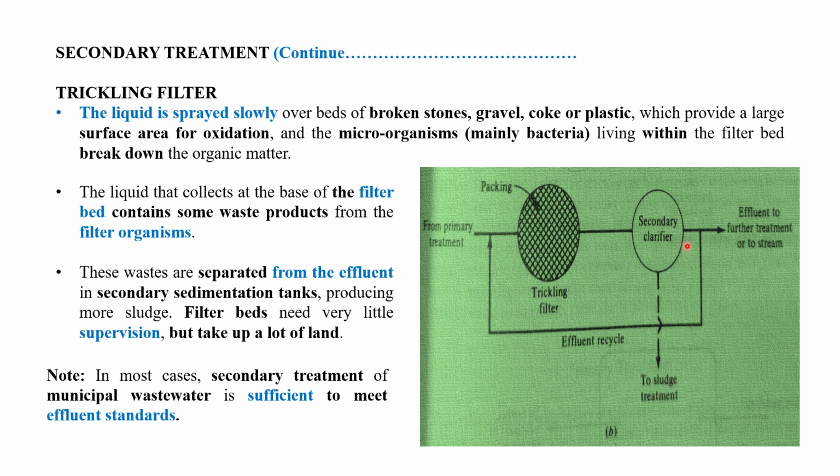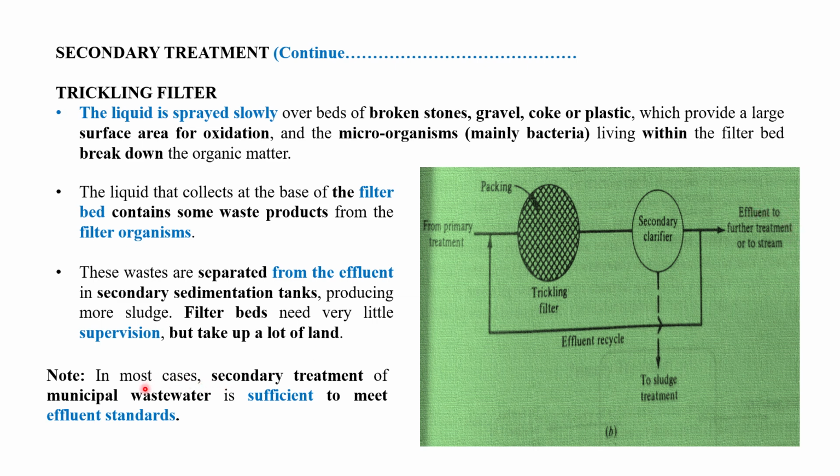So we can see here that these effluents may be further sent to the trickling filter. From the diagram, the remaining we can discharge to the stream or natural water bodies.